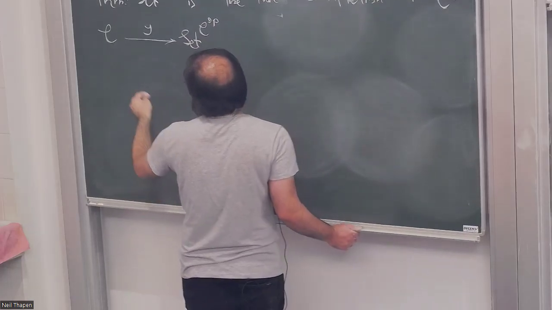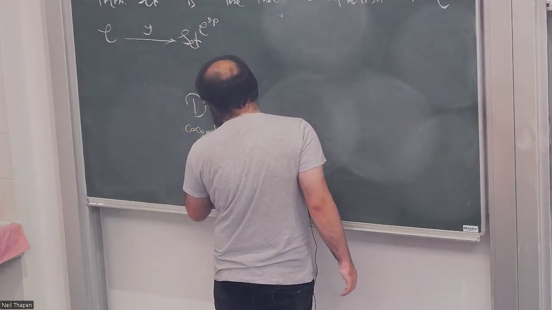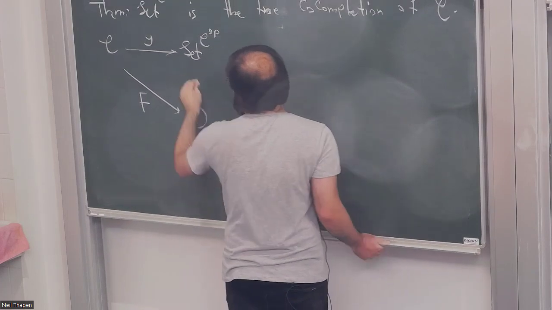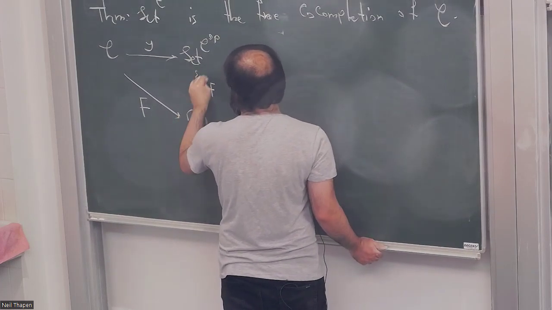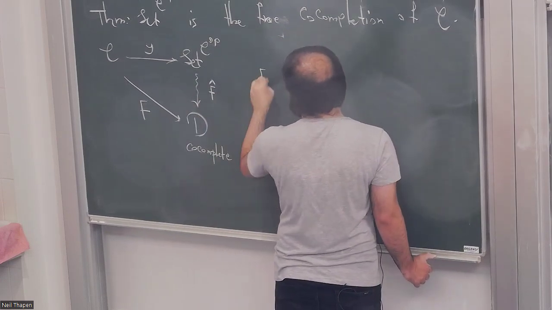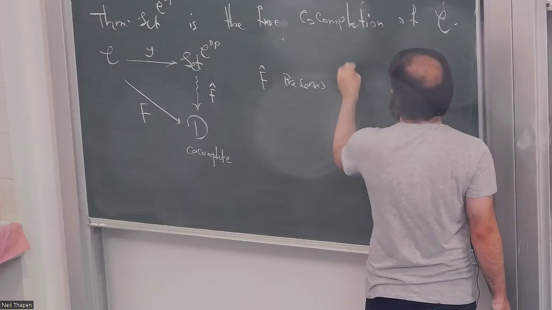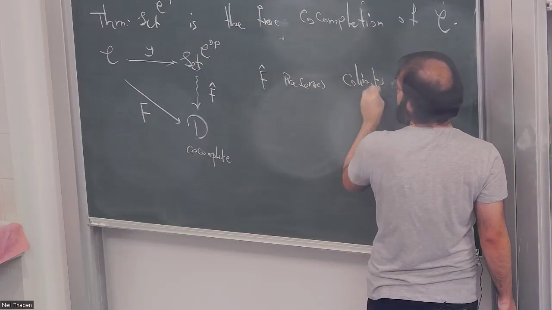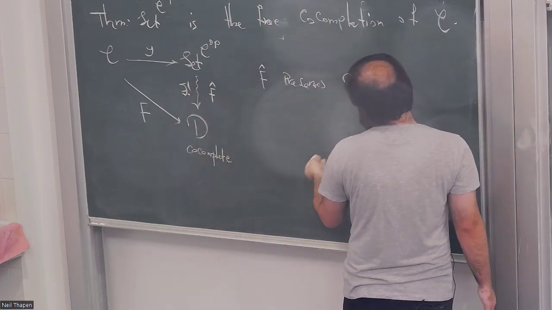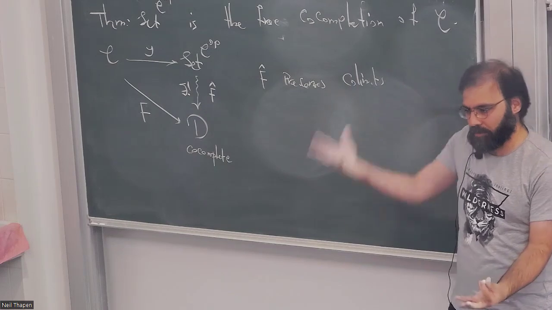And for any other category D which is cocomplete, and any functor F, you can induce a functor F hat such that it commutes, and F hat preserves colimits. And this guy is unique up to isomorphism. Preserving colimits simply means that if you have a cone that is a colimit, F of it is also a colimit cone.